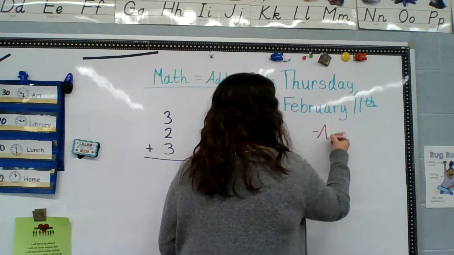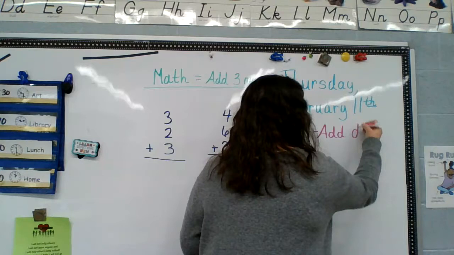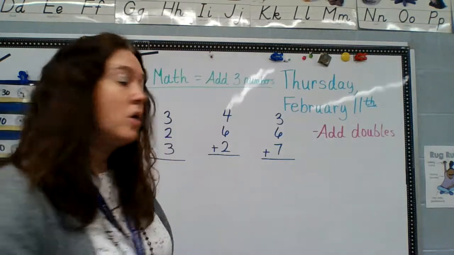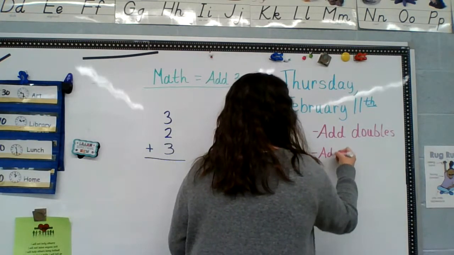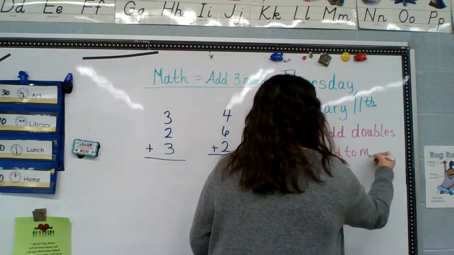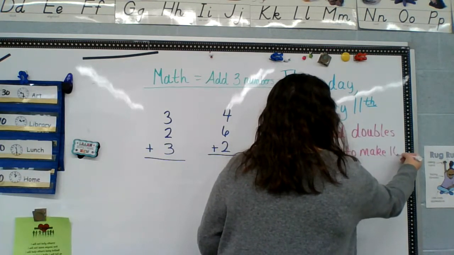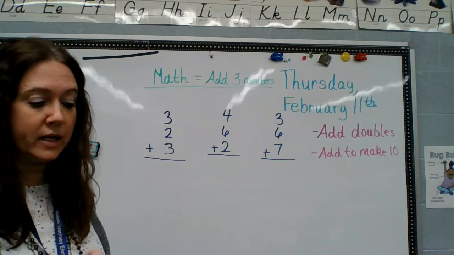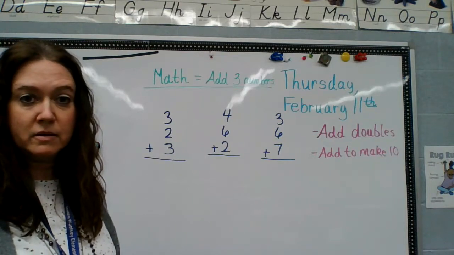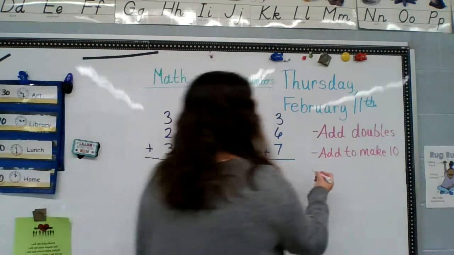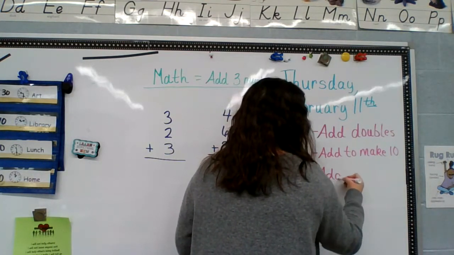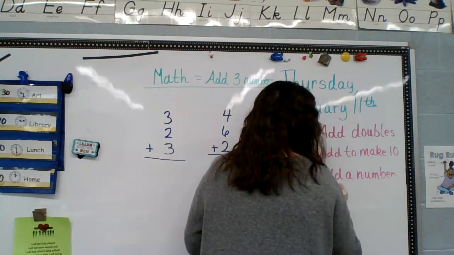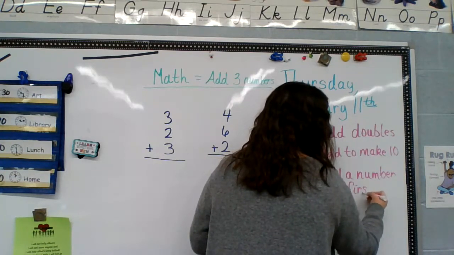So it's easier to think maybe if you can add doubles first, maybe that's easier, or add to make 10 first, or maybe even when you're adding with 1, maybe you want to add a number to 1 first, if there's 1 in the problem.